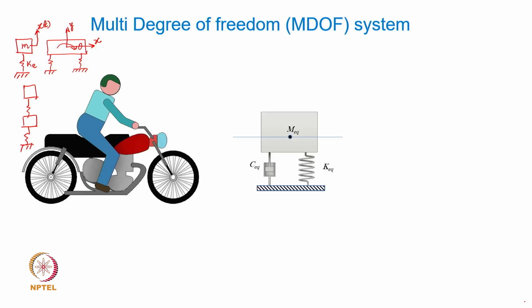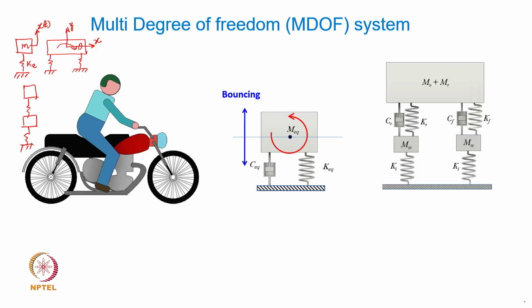As I said, we initially had only bounce and pitch motion, then we looked at how the automobile or a motorbike here can be modeled by adding the wheel mass, and each wheel itself can have translatory degrees of freedom, and this chassis can have a pitch motion and a heave motion.